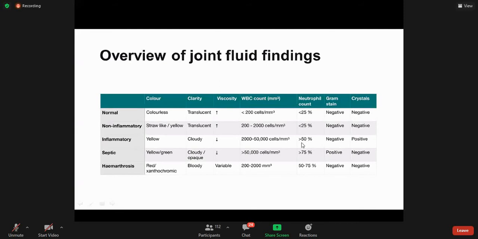Neutrophil count is more than 50%. Gram stain is negative, and crystals can be present in case of inflammatory joint disorders. Now, my next question: can you name the inflammatory joint disorders?